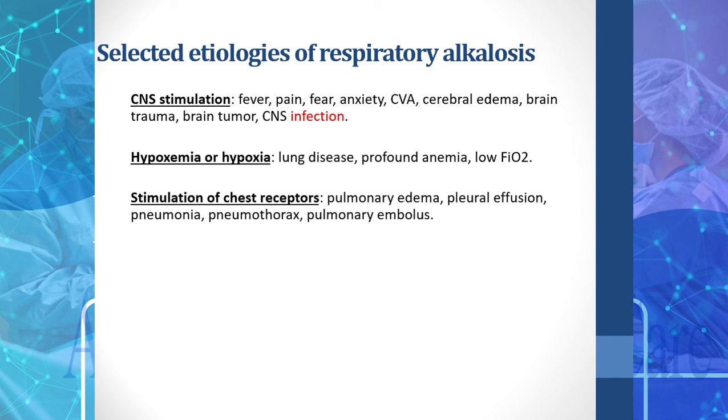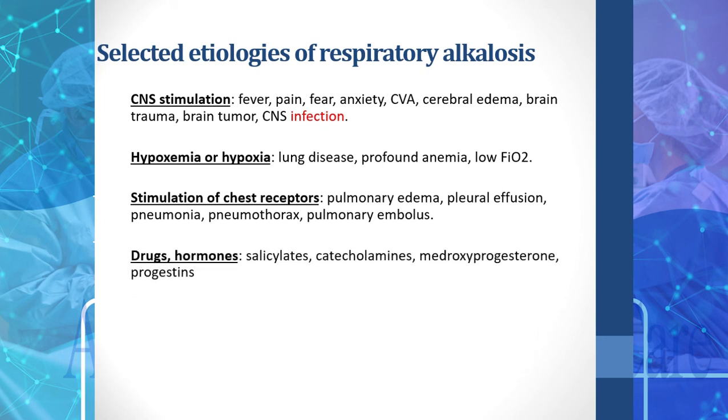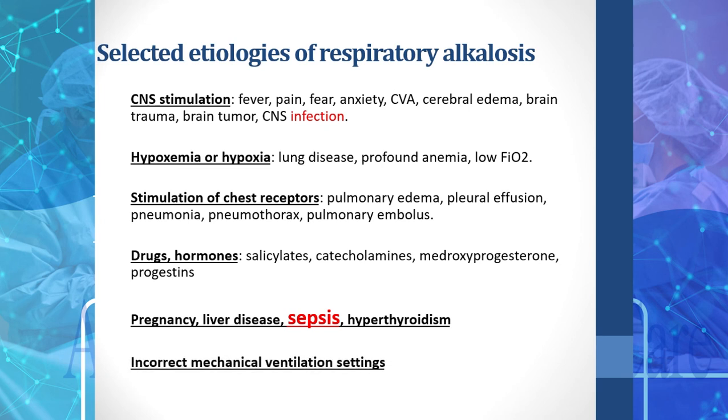Also stimulation of chest receptors, which happens in pulmonary embolism, pulmonary edema, or pleural effusion. Drugs or hormones, drugs like salicylates or catecholamines, or hormones like progesterone, medroxyprogesterone, or progestins. Pregnancy, of course, for the same reason. Liver disease, sepsis, and hyperthyroidism. Of course, incorrect mechanical ventilation settings.